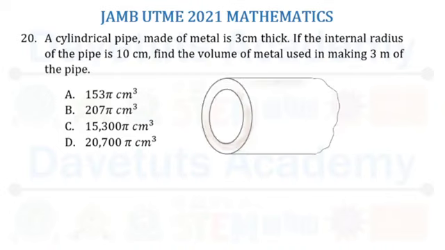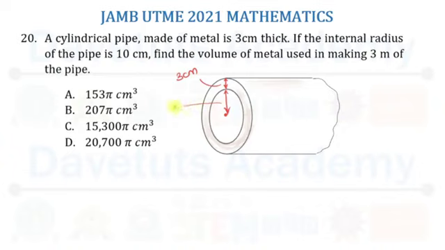If you are to look at the scenario that's being created there, this is something that we are going to have, in which we are told that it is made up of metal, which is 3 centimeters thick. So from here to here, 3 centimeters thick, and then the internal radius from that edge to this particular center was given as also 10 centimeters.